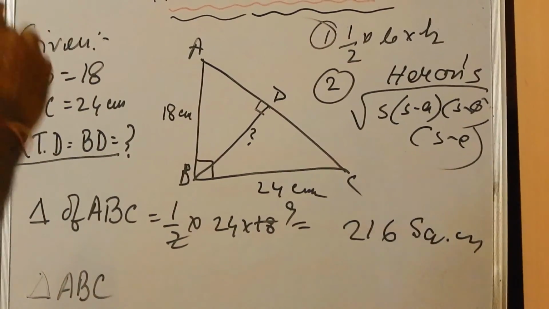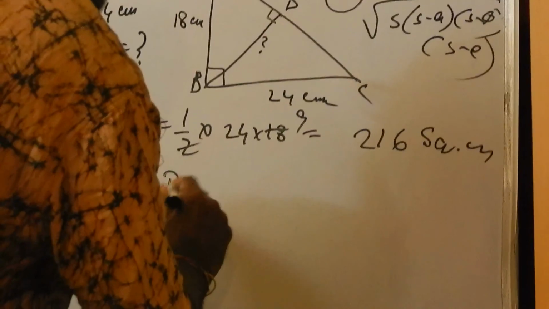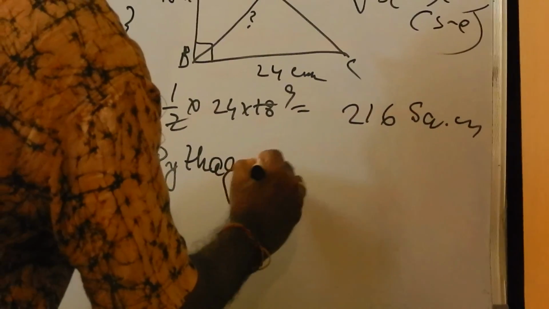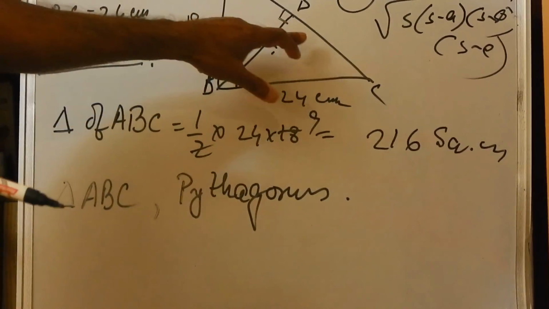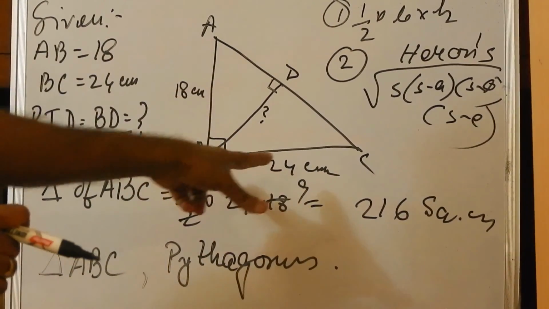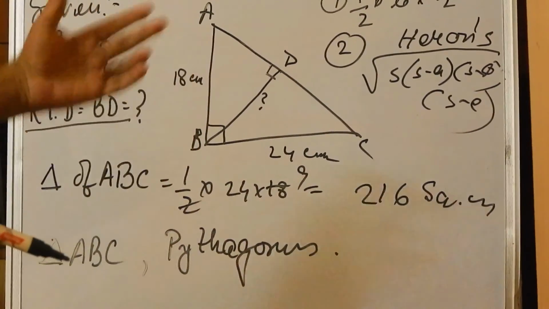As you know, we use Pythagoras theorem. And what it told? It told that a hypotenuse square equal to perpendicular square plus base squared, so we can easily find out the value of AC.